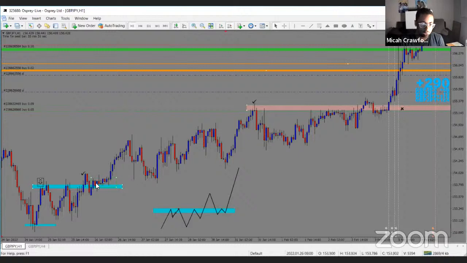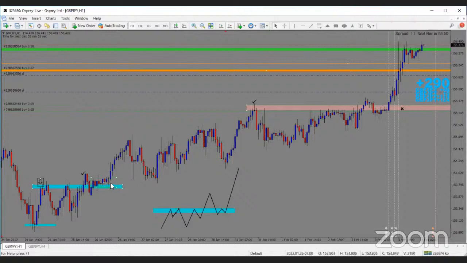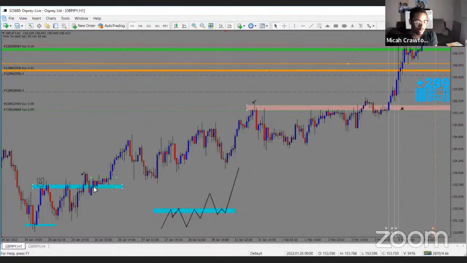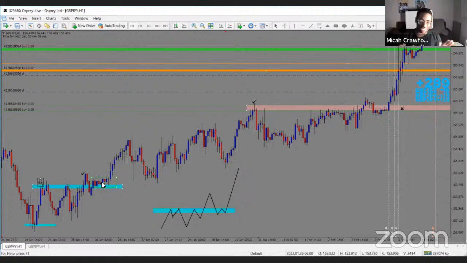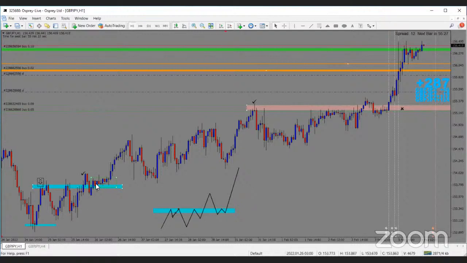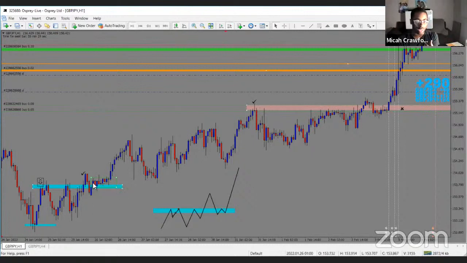Upward trend. Okay, we do see the uptrend, but it's also consolidation. You're right, Miss Sherlin. The trend is up. The trend is moving in an uptrend, but we also see consolidation. So you see how the market moves sideways for a number of hours.